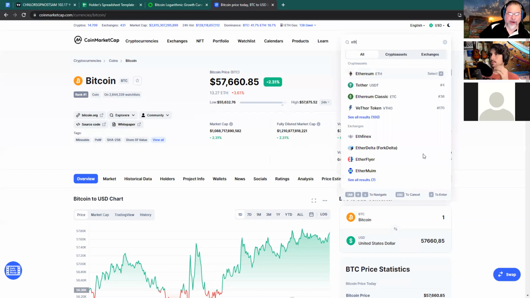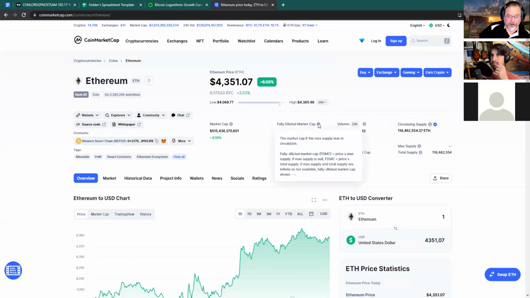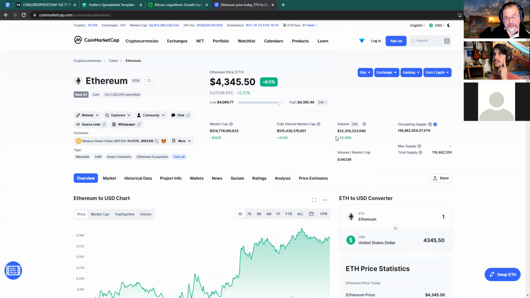Oh, they do. Huh. I'm not sure. Let's see. If the max supply is null, then it's price times total supply. And in this case, since ETH burns some coins, it has burned a little bit of ETH, so the total supply is now a little bit higher than the circulating supply.